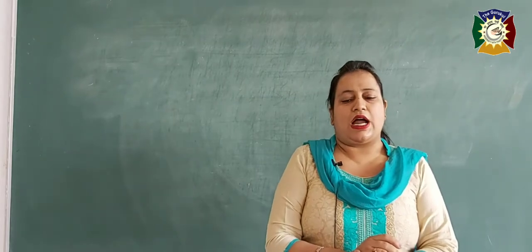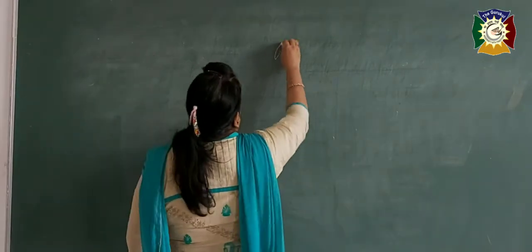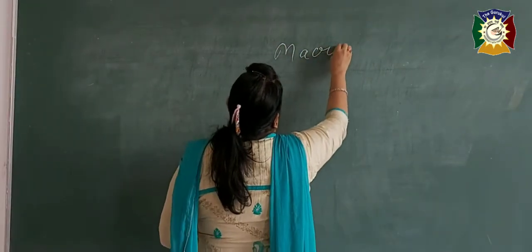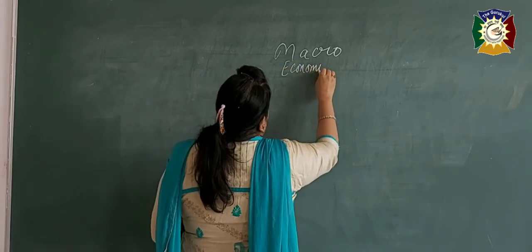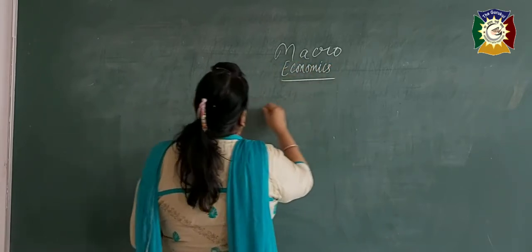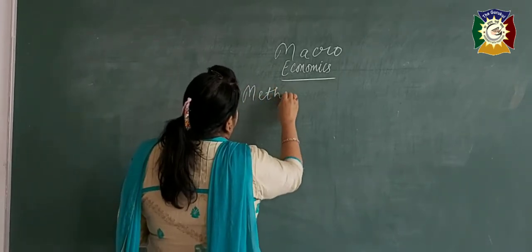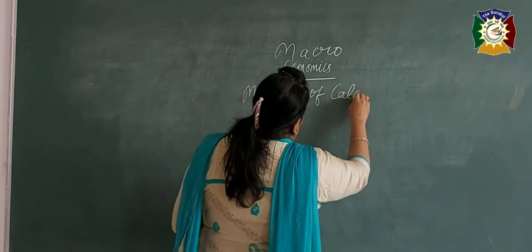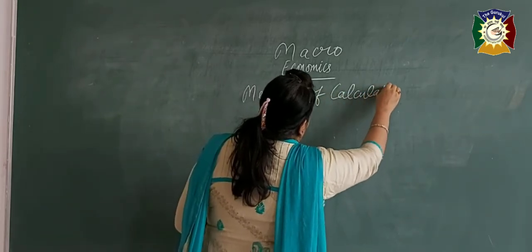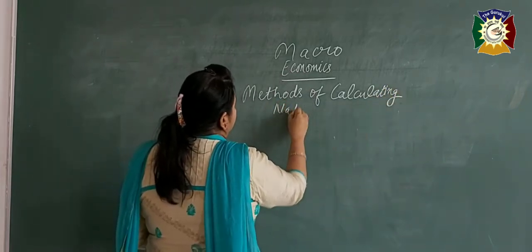Today we shall start chapter 4, methods of calculating national income, in macroeconomics.